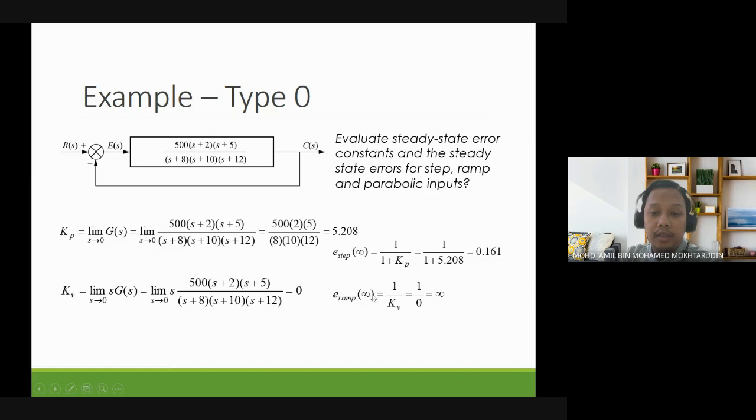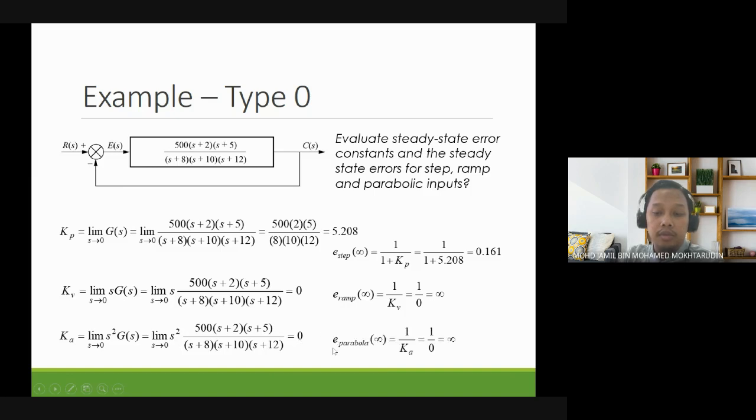Then the ramp input steady state error is 1 over Kv, so the steady state error is infinity. And lastly, when the system has a parabolic input, you find Ka. You have s squared at the beginning here, so you get Ka equals 0. Similarly, the steady state error for parabolic input is infinity.